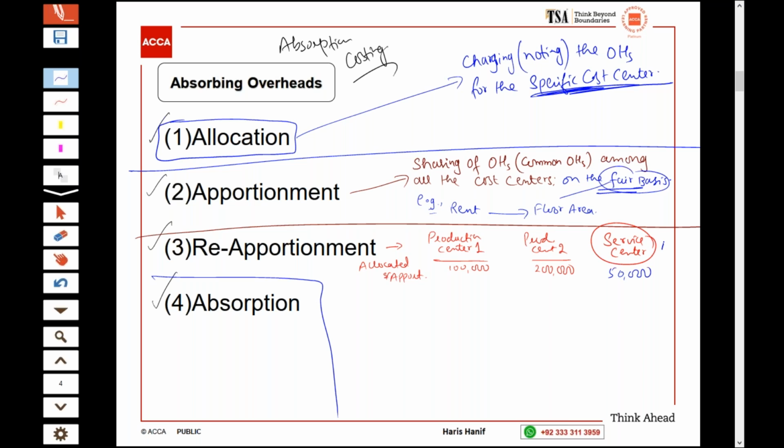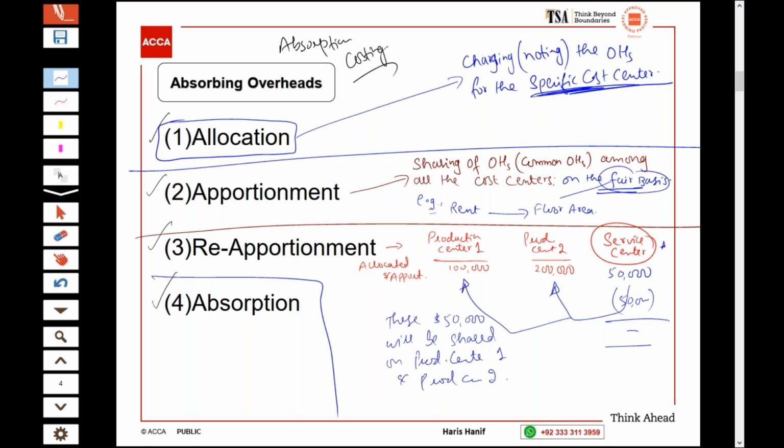The service center is not involved in production; it provides services to the production centers. Now this 50,000 will be shared among the production centers, and the balance will be nil. The 50,000 will be shared between production center 1 and production center 2. This is reapportionment. Reapportionment means sharing of overheads of service centers to production centers.